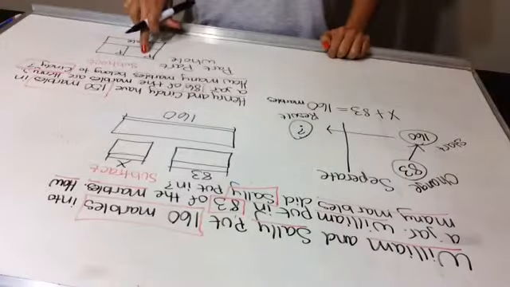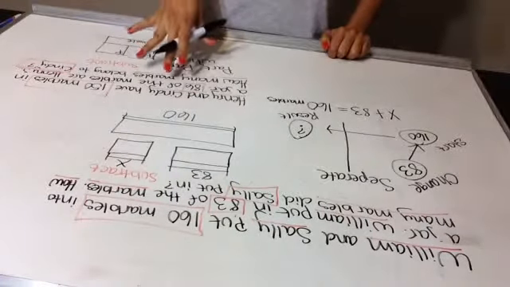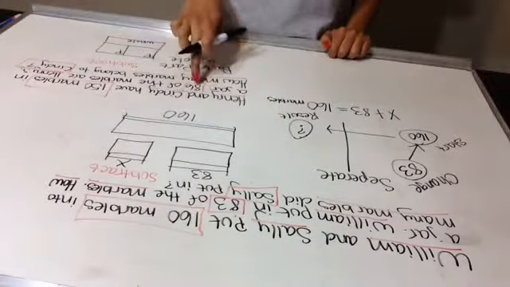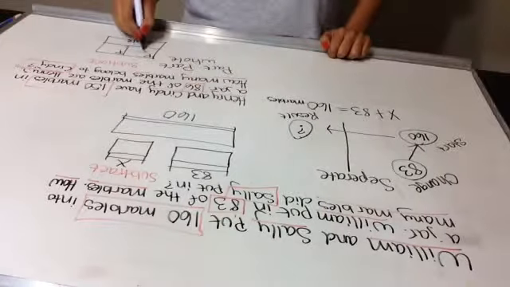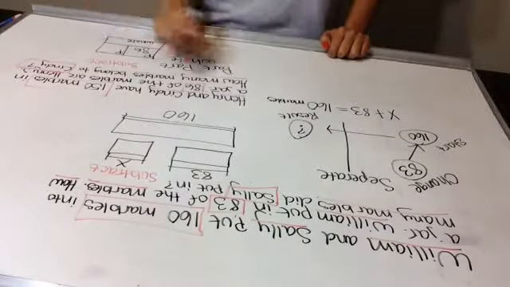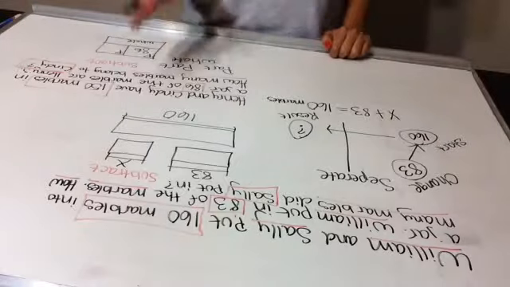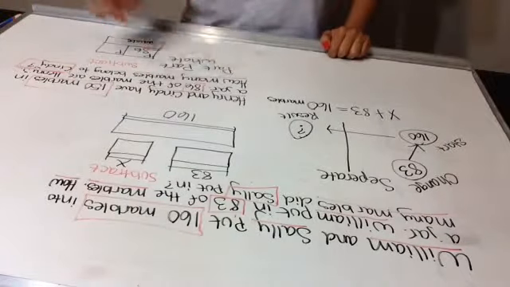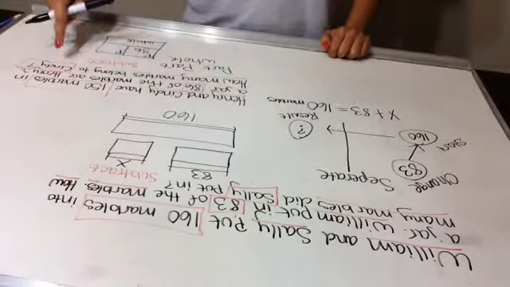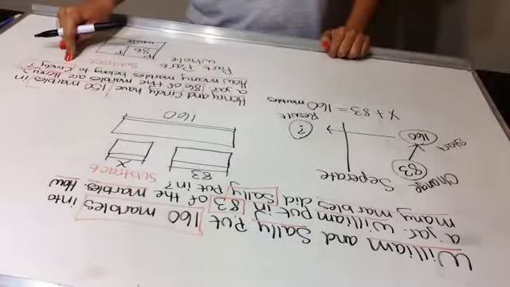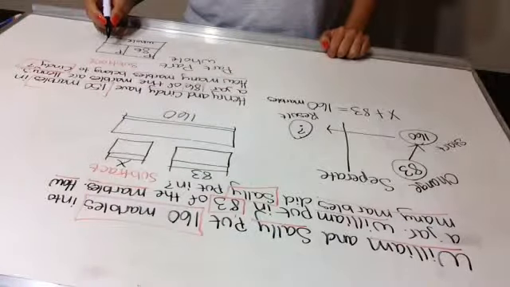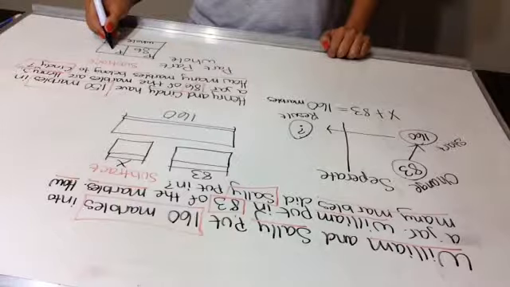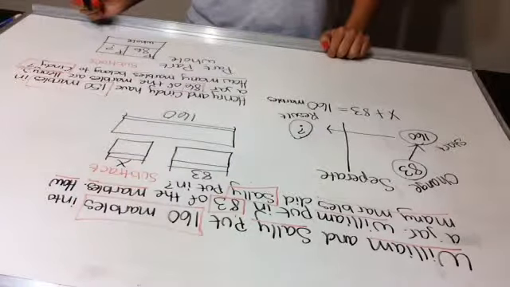Okay, so one part of this word problem is 86. We know that 86 of the marbles belong to Henry. The other part is the number of marbles that belong to Cindy. But we don't know how many marbles belong to Cindy, so we are going to put an X or a question mark right here.